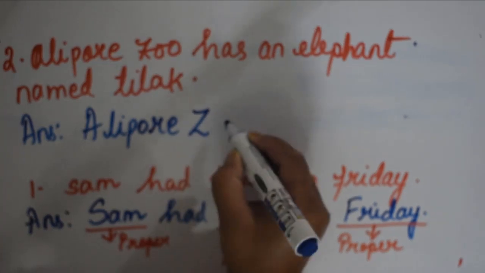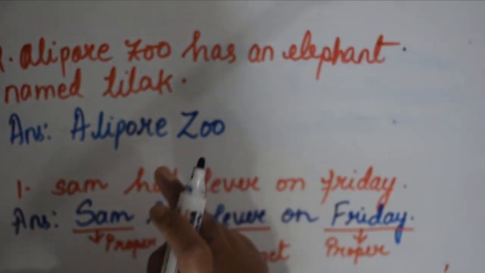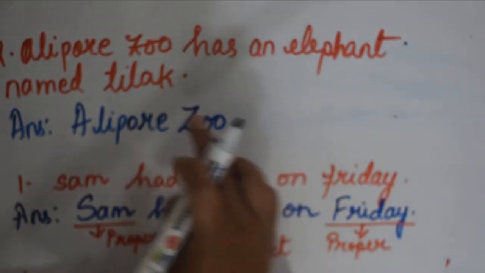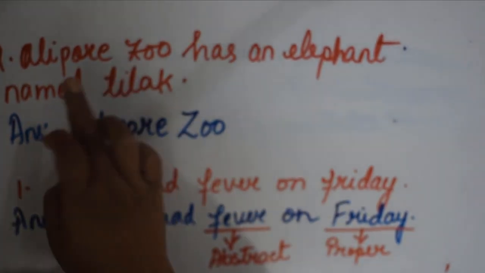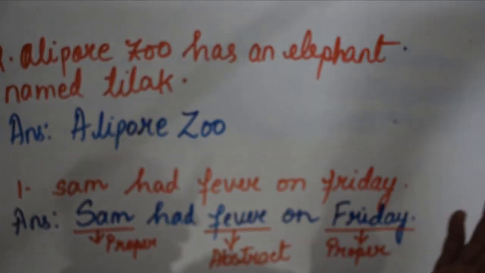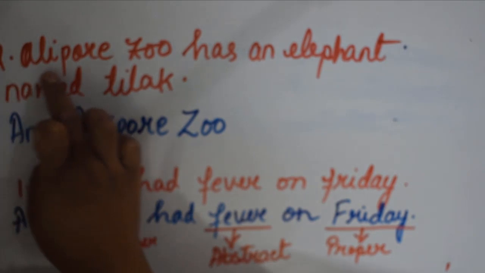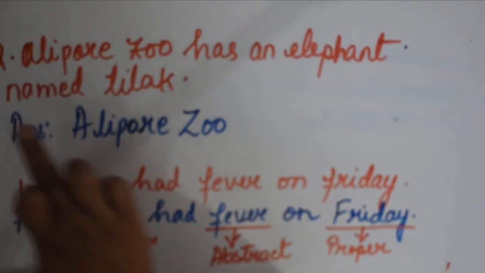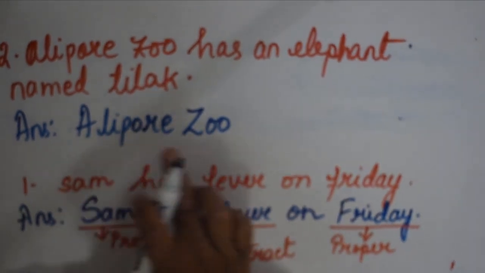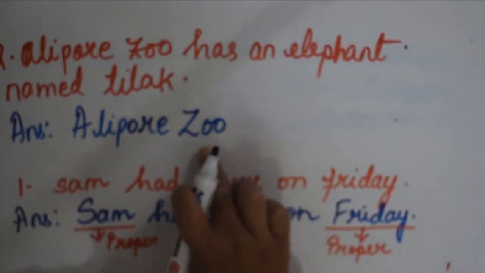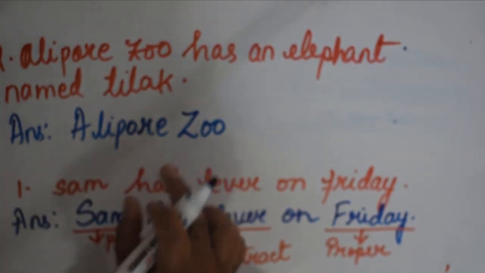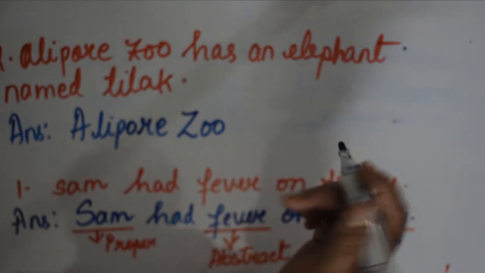But zoo should also be written with a capital Z, because we are not treating Alipur as a place and zoo as a separate place, but we are treating this entire thing, Alipur Zoo, as a whole place. So both Alipur and Zoo should start with a capital letter.